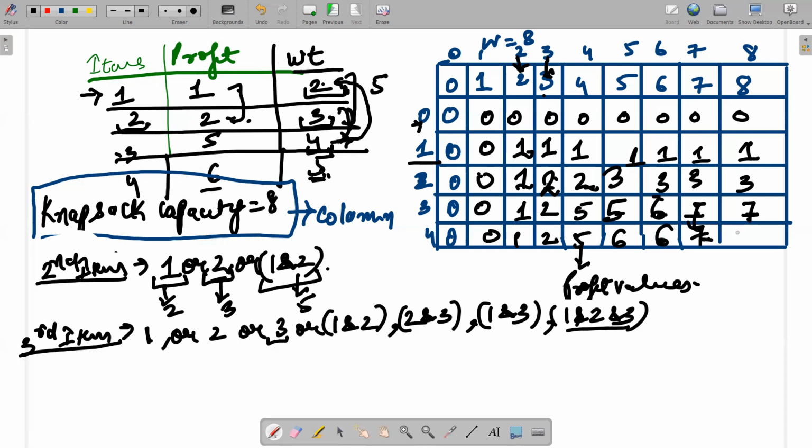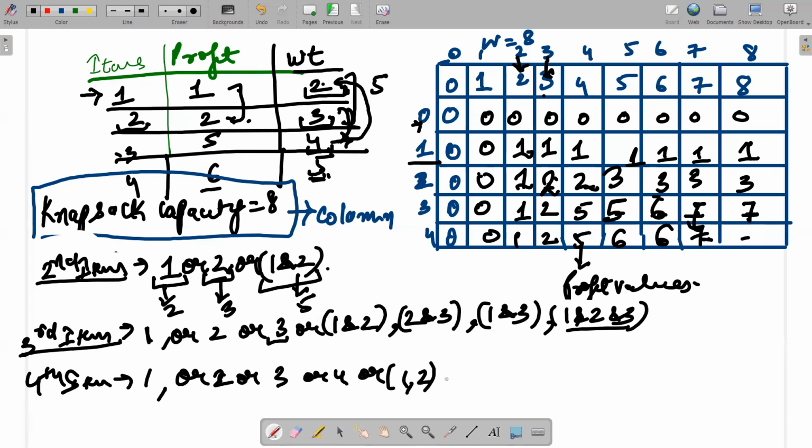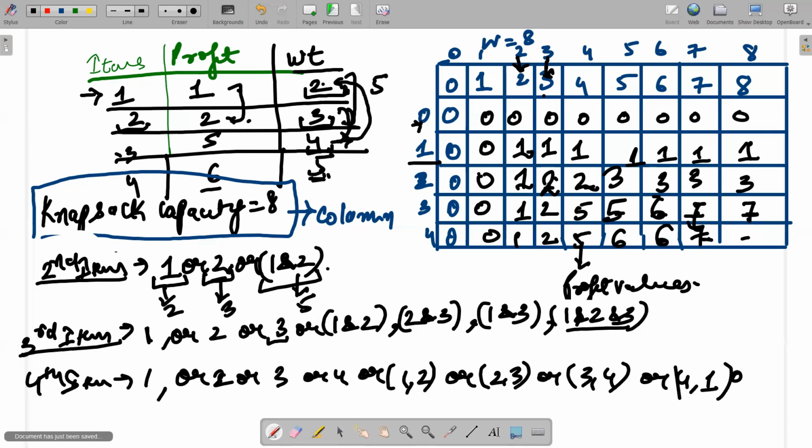So guys, when weight 8 is obtained, in weight 8, the fourth item possibilities are either item 1 or item 2 or item 3 or item 4, or first, second, or second, third, or third, fourth, or fourth, first, or 1, 2, 3.